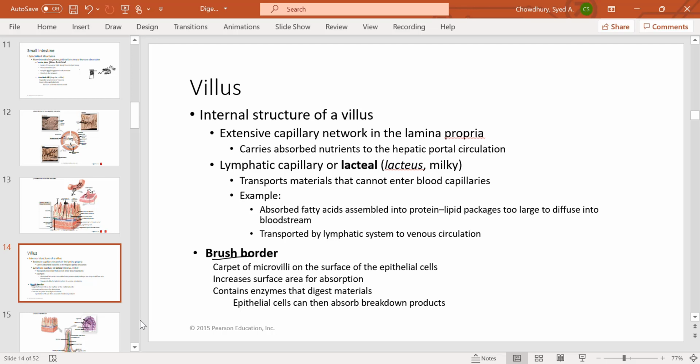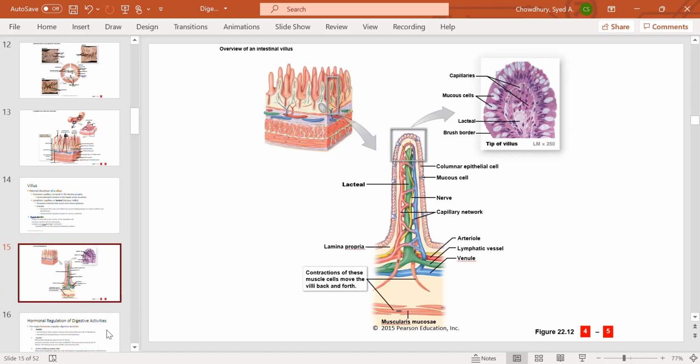And brush border contains enzymes that digest the materials. Okay, now if you take one villus and see inside each finger-like villus, you have a number of structures. You have the artery, capillary, vein.